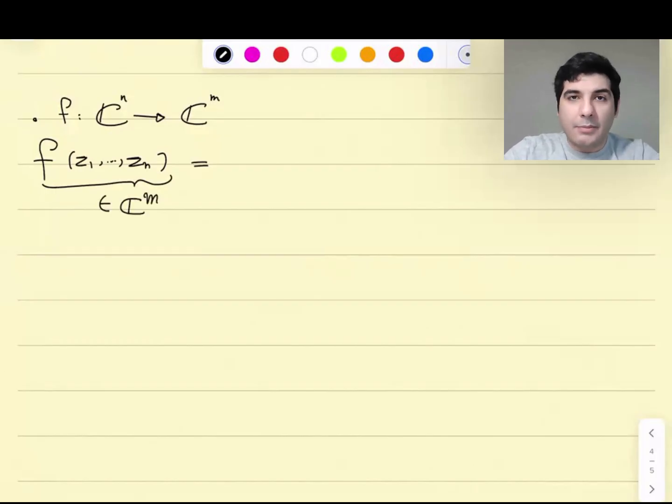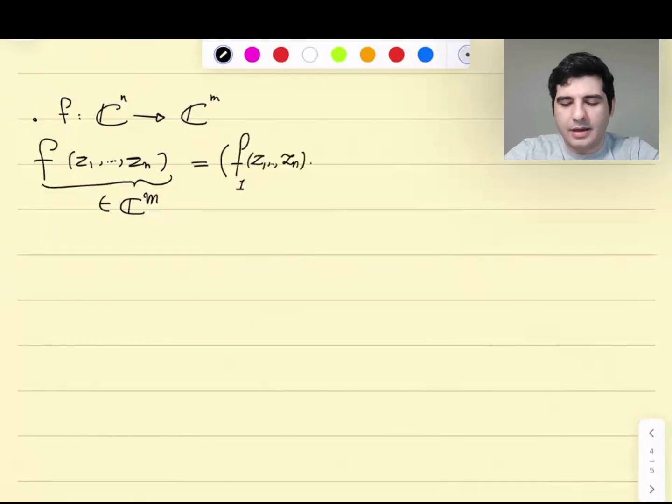So it should have m components. There would be the first component, which we denote by f1 of z1 up to zn, and then there would be a second component, etc., until we get to the last component, which would be fm.